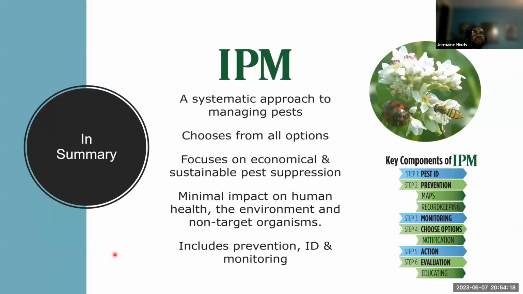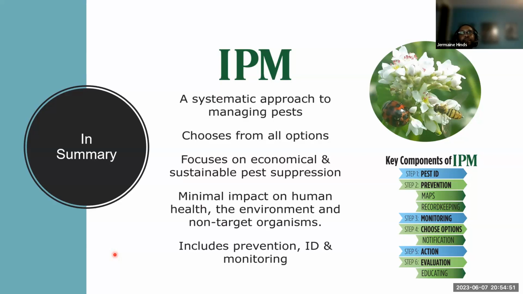And then finally, I just wanted to summarize integrated pest management. So in summary, IPM is a systematic approach to managing pests, and it chooses from multiple options. So cultural, mechanical, chemical, and biological. It focuses on economical and sustainable pest suppression. So you can manage a certain level of pests up to a certain point, and it's not necessary to apply a control before that.